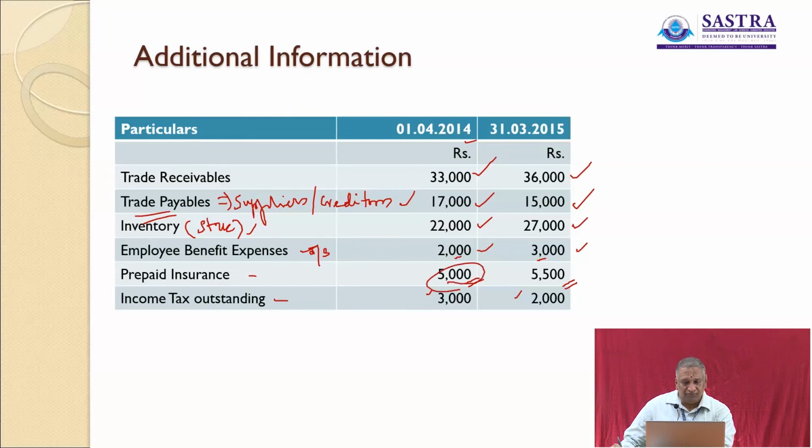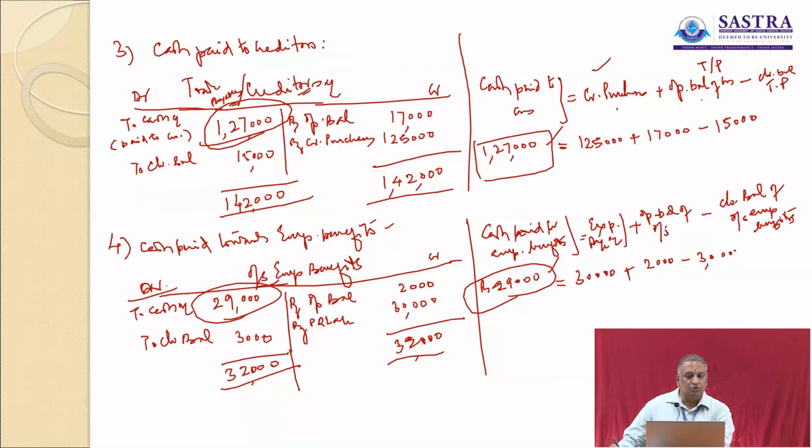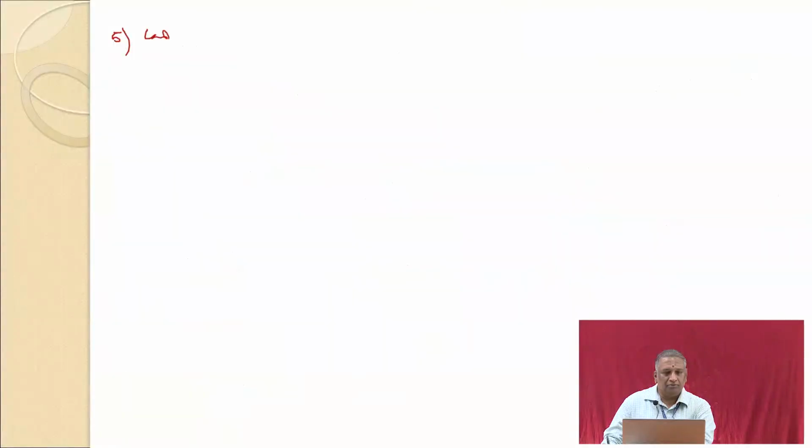So using this information and the amount of expense claimed for the current year, we have to calculate exactly the amount of cash paid towards insurance premium for the current year.